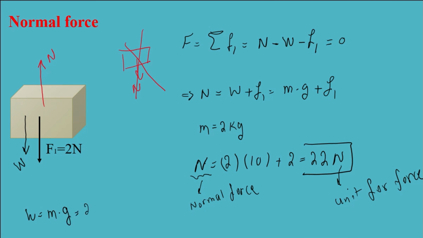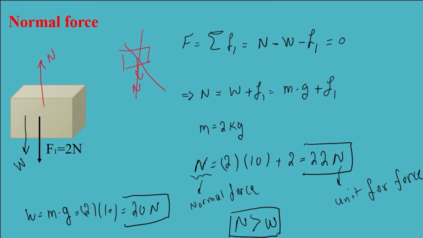So m is 2 kilograms, g is 10, and my weight is 20 newtons. This is the weight, and my normal force is 22. So that means my normal force is bigger than W, correct?